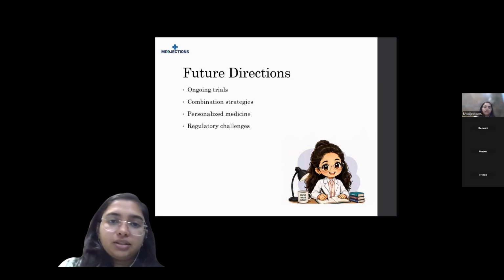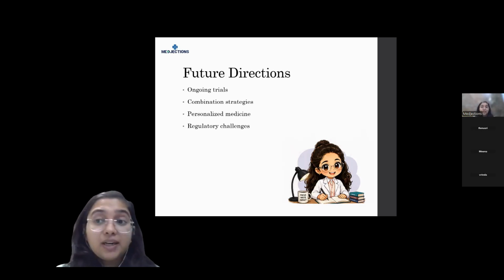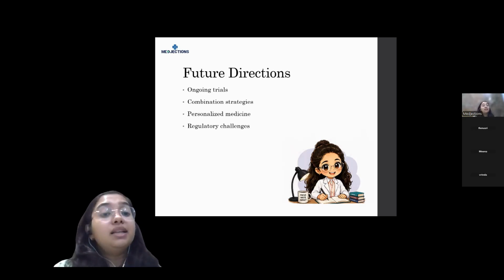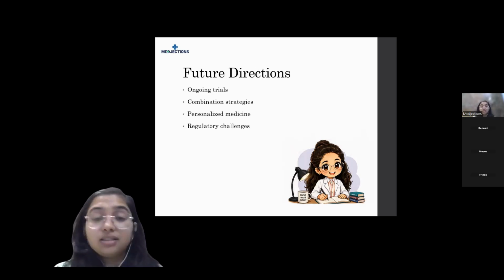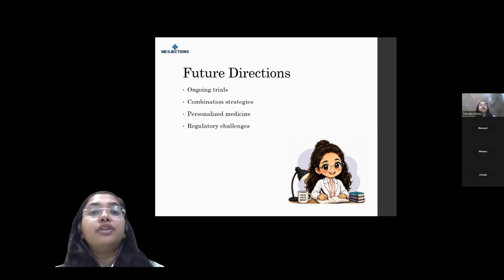Now, future directions. As I told, ongoing trials, the combination studies, or maybe some adjunct therapies that can be used. Personalized medicine, we are very much focused on personalized medications, and the regulatory challenges. Ethics is also a very, very important point whenever a new clinical trial happens.